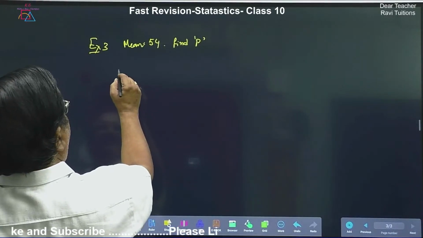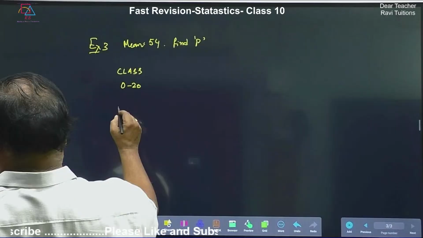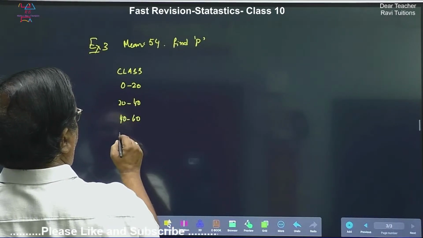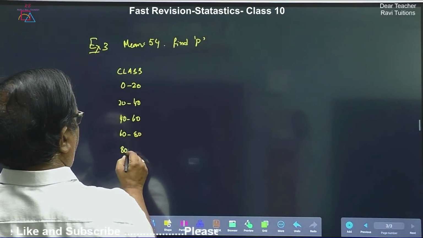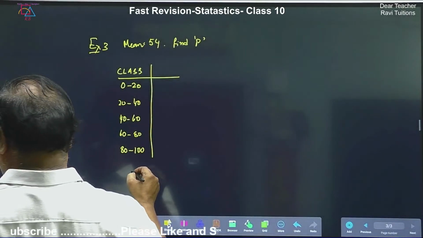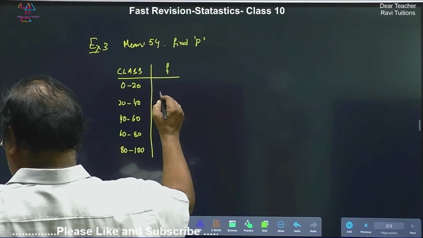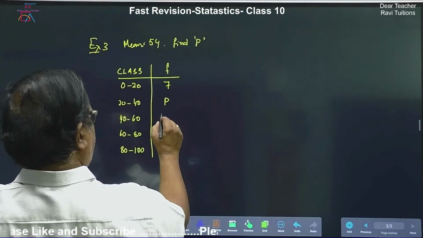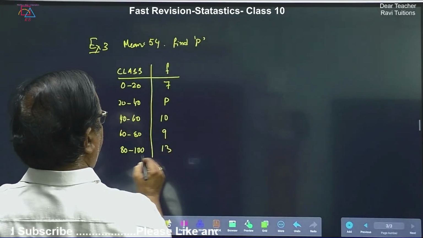The question is: classes 0 to 20, 20 to 40, 40 to 60, 60 to 80, and 80 to 100. This is the class, and the frequency is also given. Frequency is 7, P, 10, 9, 13.